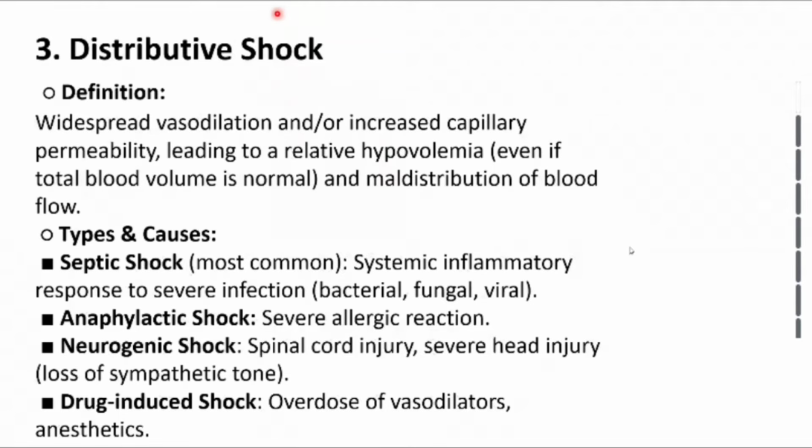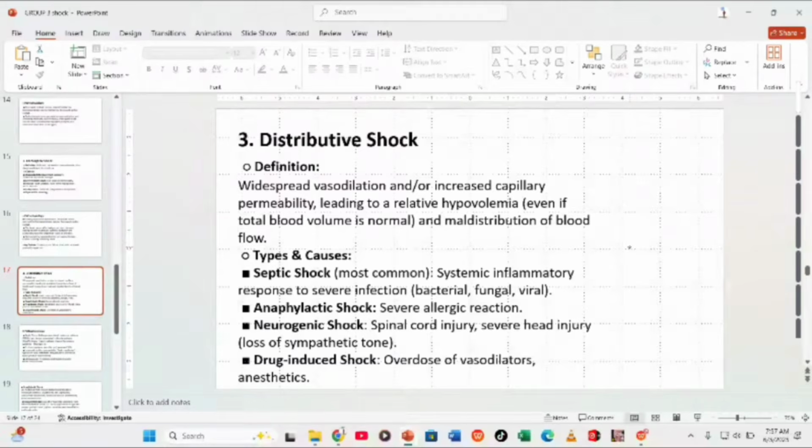Inflammation of the vessels will make the volume of the blood decrease. The second type under distributive shock is anaphylactic shock, caused by a severe allergic reaction, and it leads to massive vasodilation, or it might also lead to increased vascular permeability.